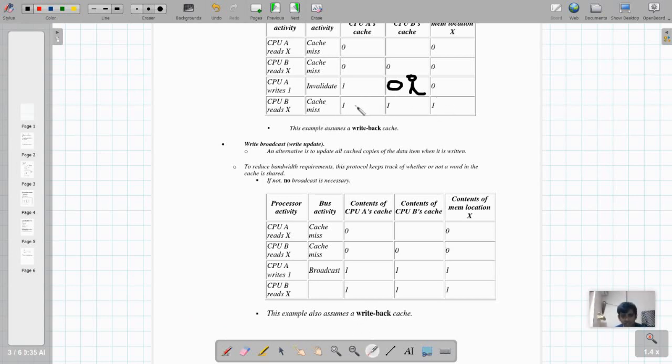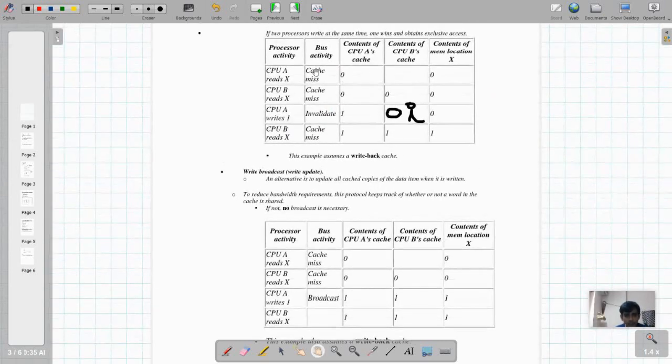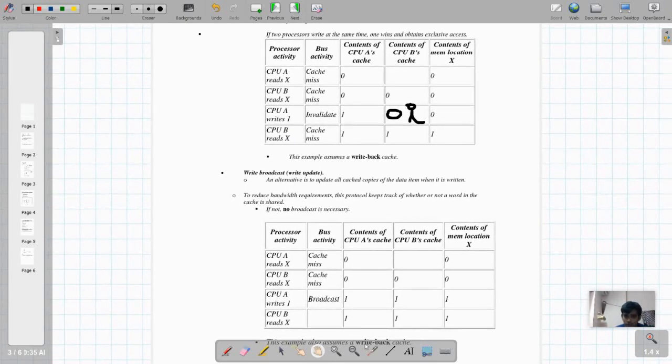After write invalidate, the cache which is native to CPU A has the updated value and the other cache, that means the cache of CPU B, has been invalidated.